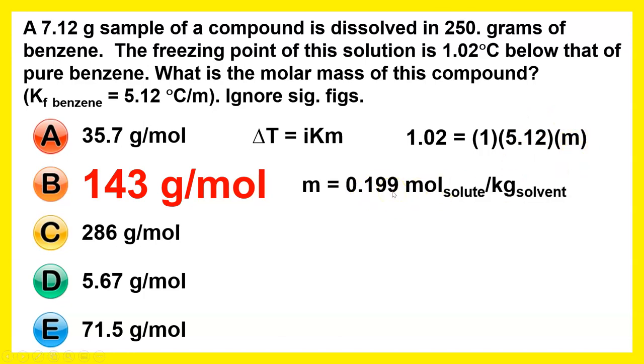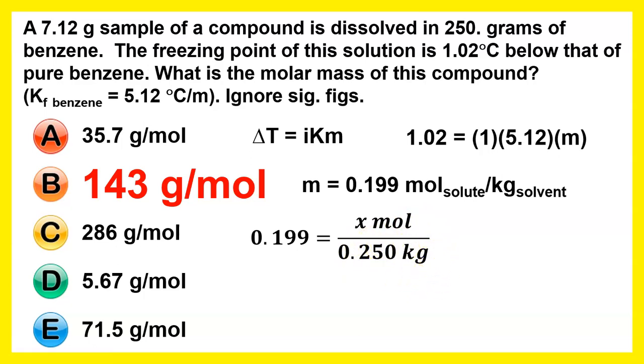And this is where you should write down what your units are, because molality means moles of solute per kilogram of solvent. But I don't have a kilogram of solvent, do I? I have 0.25 kilograms. So I can set this up to say this molality is x number of moles of solute over 0.25 kilograms of solvent.